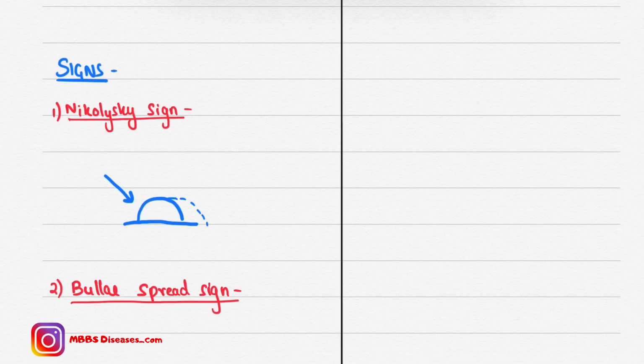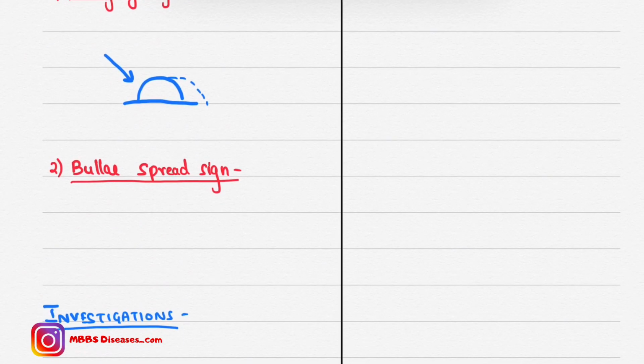Now coming to the bulla split sign. What is the bulla split sign? Suppose this is skin, we have a bulla, and we apply a perpendicular pressure, but not tangential pressure. On applying the perpendicular pressure, the bulla will bulge on the opposite side.